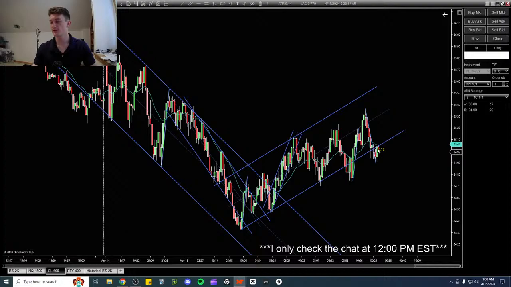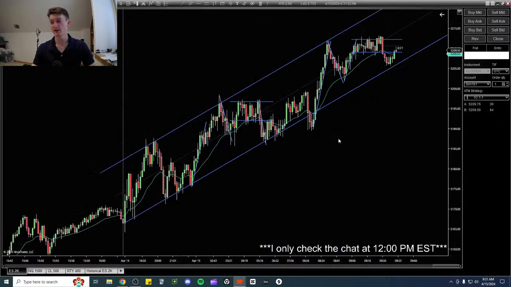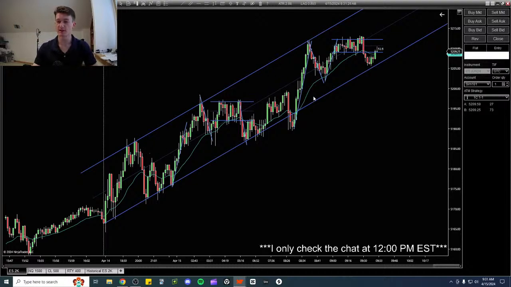Although you could consider this a close outside here in this bar and also a new low all in one bar. The ES hasn't really traded off as strongly as the NQ has.